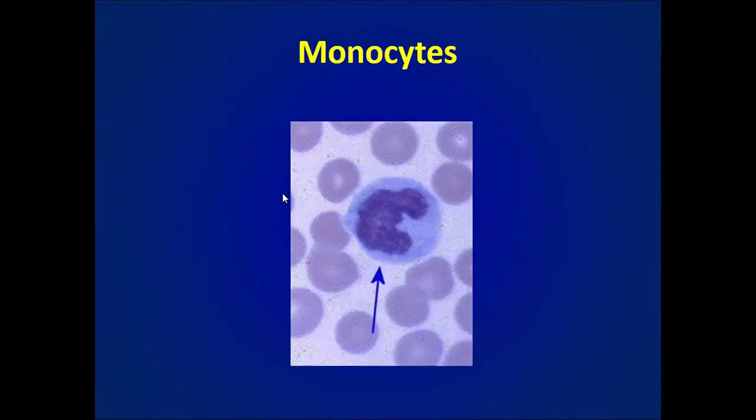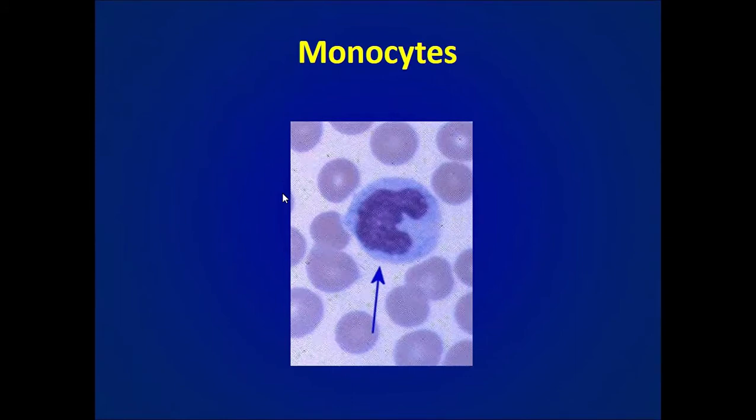Okay, so this is just an illustration, especially for the non-med techs. This is how the monocyte looks like. So you can best appreciate this in your anatomical pathology when you will be doing your peripheral smear studies.